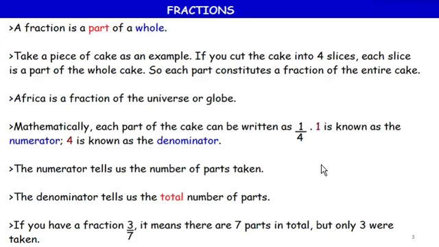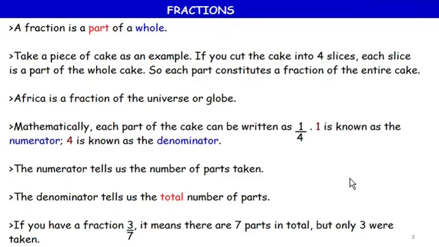So we can think of the universe or the globe as one whole, right? We have only one universe, but within the universe we have continents. So you can view each continent to be part of the universe, so each continent constitutes a fraction of the entire universe.